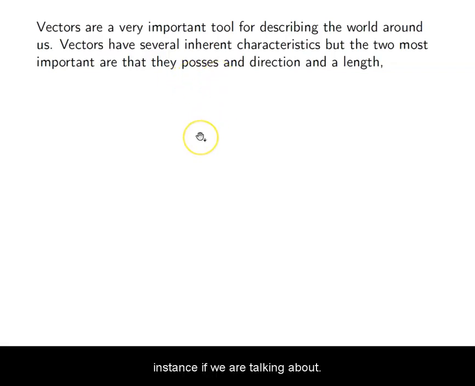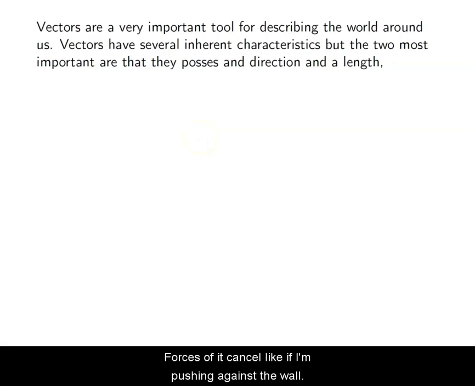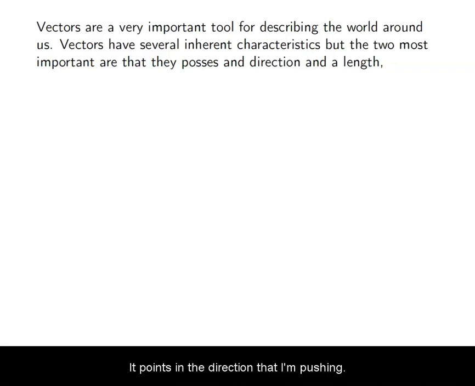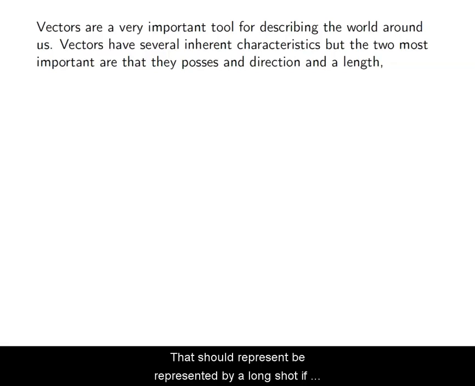For instance, force is a good one. If I'm pushing against the wall, I can represent that with a vector. It points in the direction that I'm pushing, and if I'm pushing very hard, that should be represented by a long vector. If I'm barely pushing, that would be represented by a short vector in the same direction.